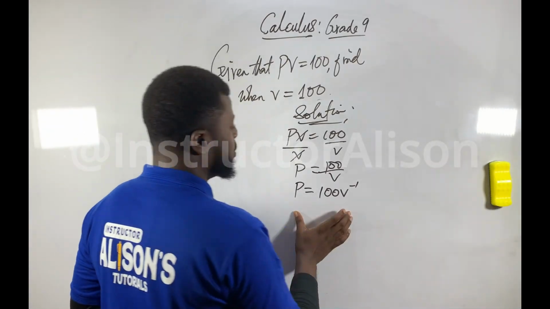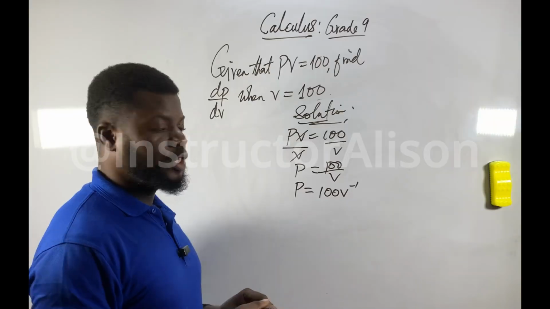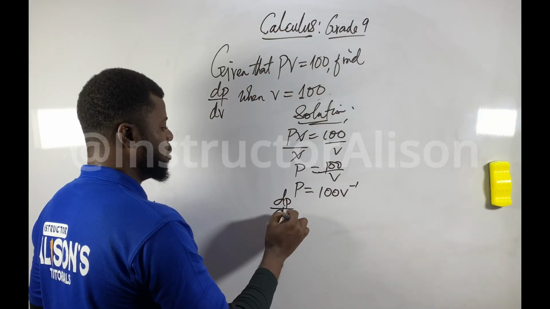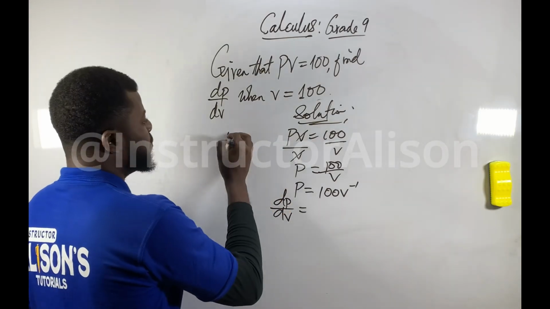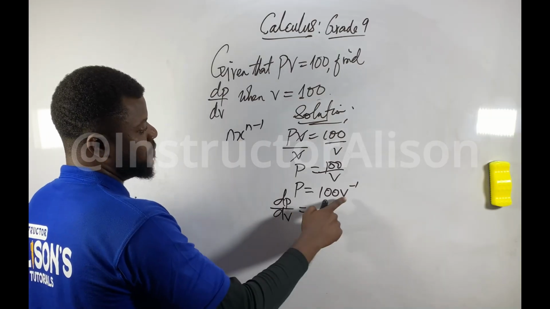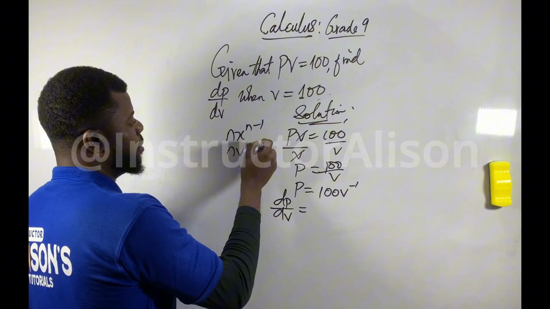Why did I pull it to this point? Because now I will take the derivative of P with respect to V. Watch, the formula we use is nx to the power of n minus 1, but here we use V, so it is nV to the power of n minus 1.